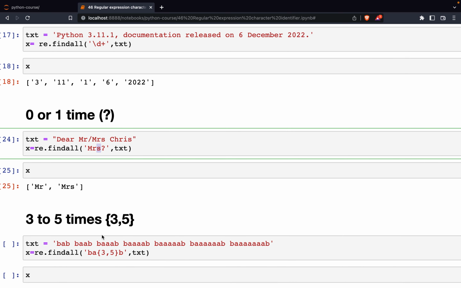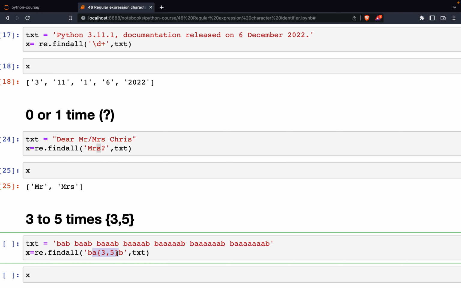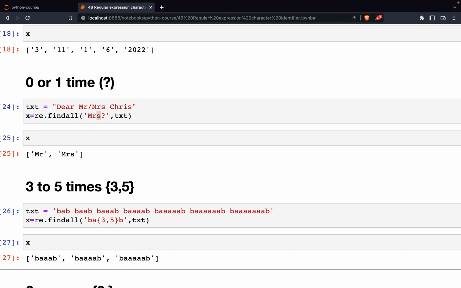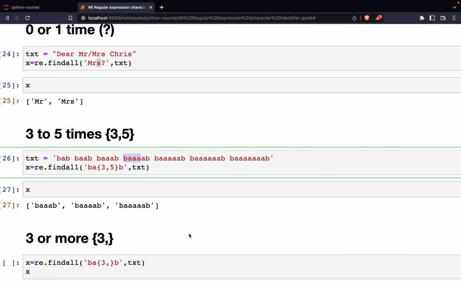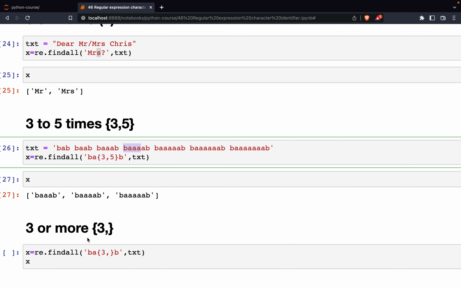So if you want to check exactly 3 to 5 times, for example, if we just want to extract those a's that happen from 3 to 5 times. So now we go to check the x. You can see this is 3 times, 4 times, and 5 times. And for 3 or more times, if you use the same test, you can output from 3, 4, 5, and so on.